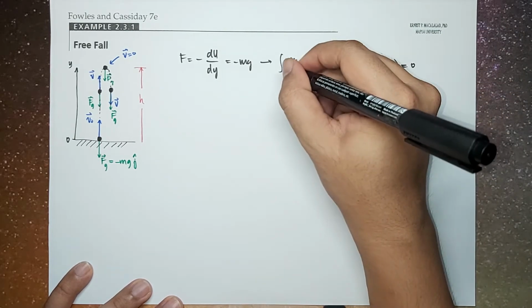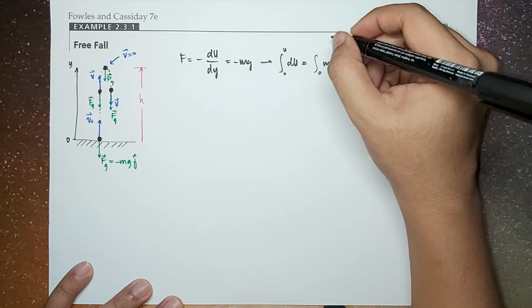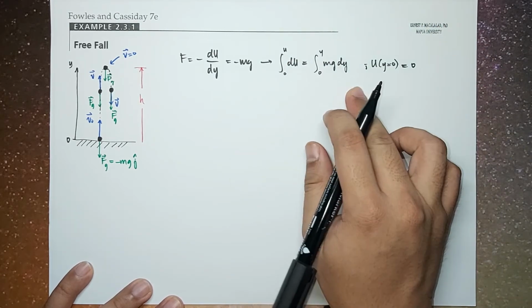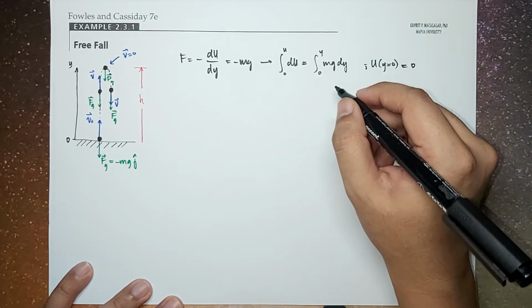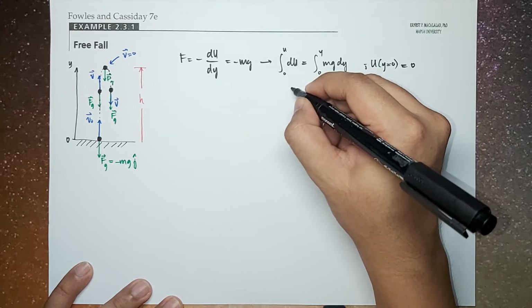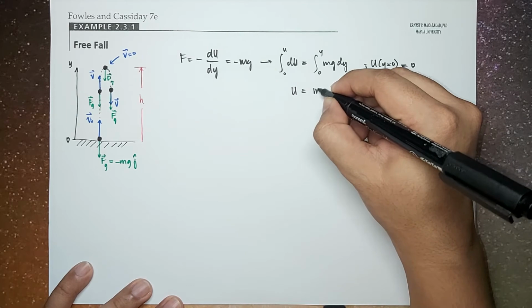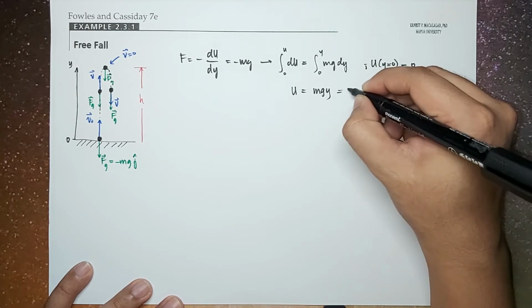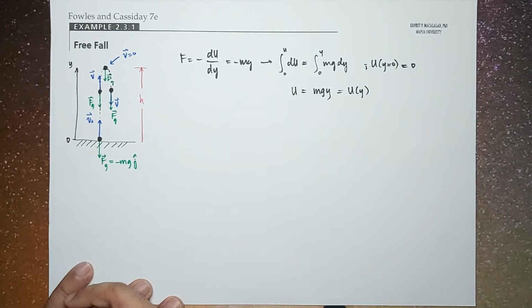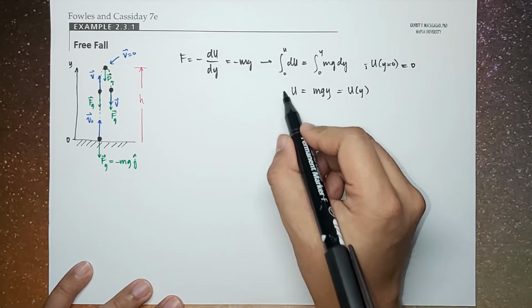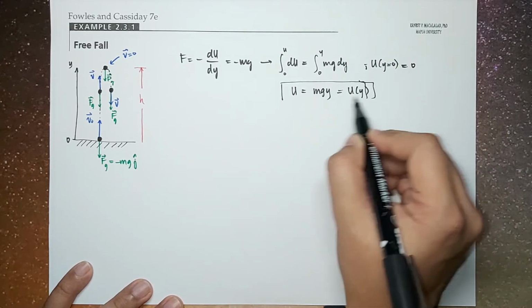So the limits of integration become this, and then we can solve. Solving this integration, we now have the potential energy equal to mgy. As you will notice, the potential energy is a function of y. So this is now the potential energy.